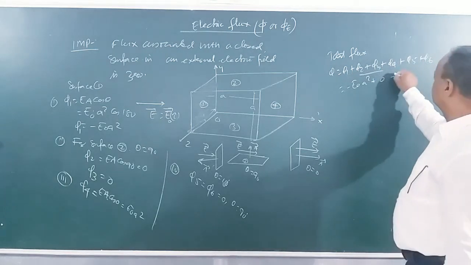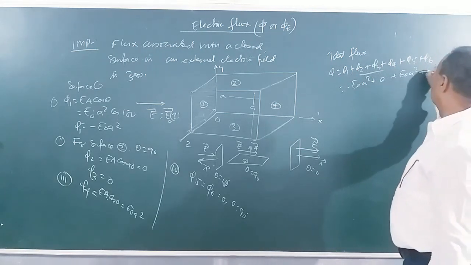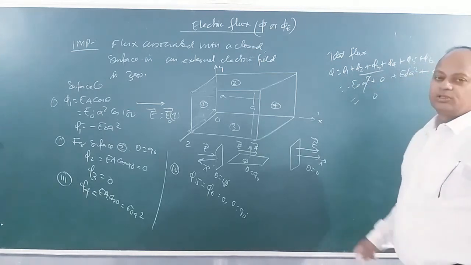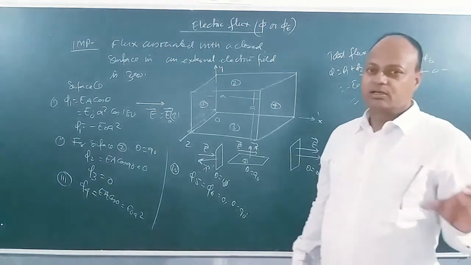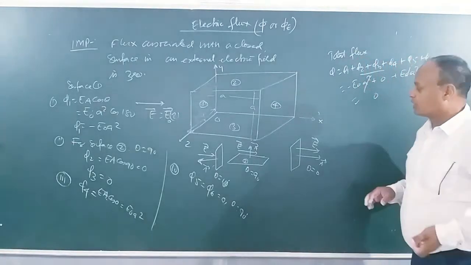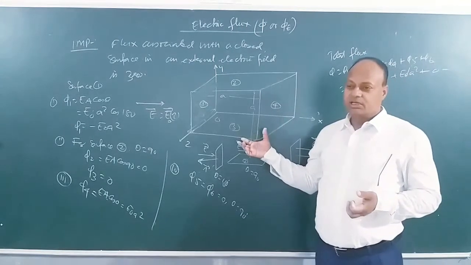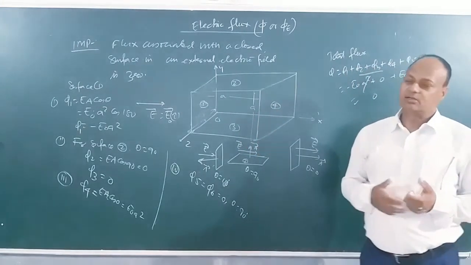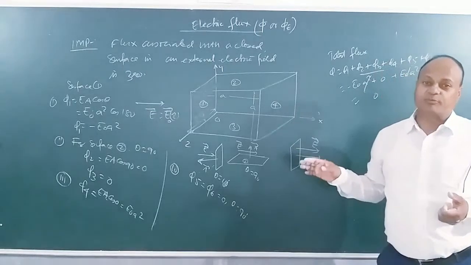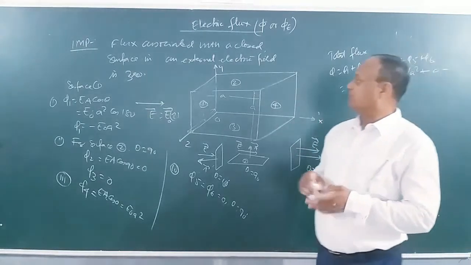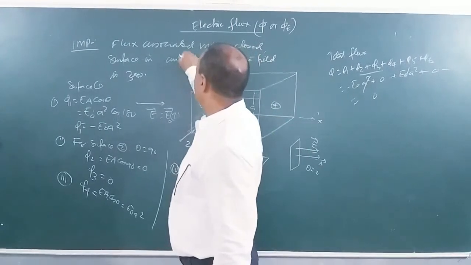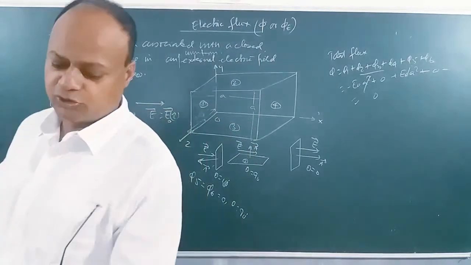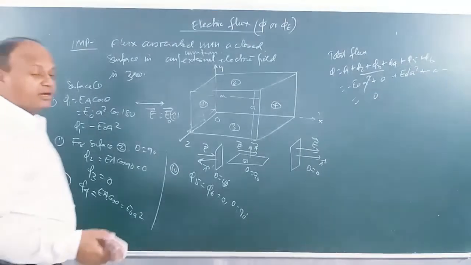Phi 4 is E naught A square. These two also 0. This will again cancel out, 0. So unless you have a charge located inside, remember, if you place any closed surface in an external electric field which is uniform, then the flux is always how much? 0. So this should be kept in mind.